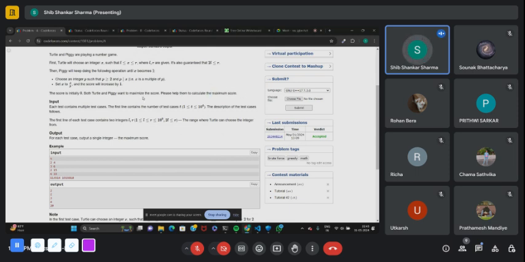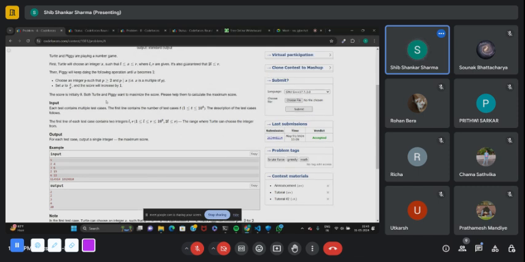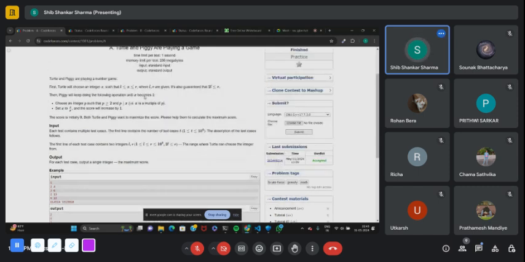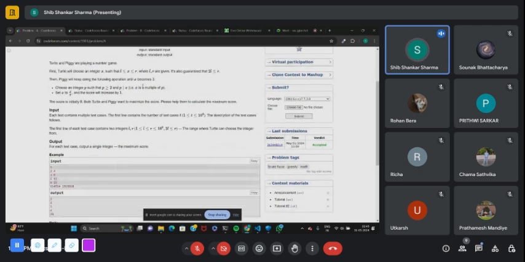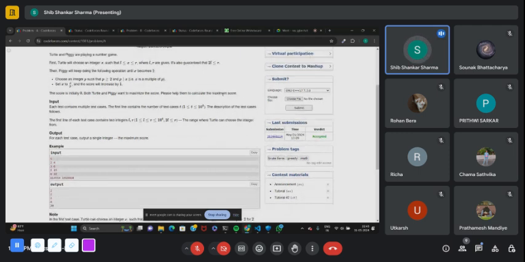Okay, so this question is pretty simple actually. If you think about this, if we want to maximize the score of this game, then what we have to do is divide this x by p as many times as we can, right?